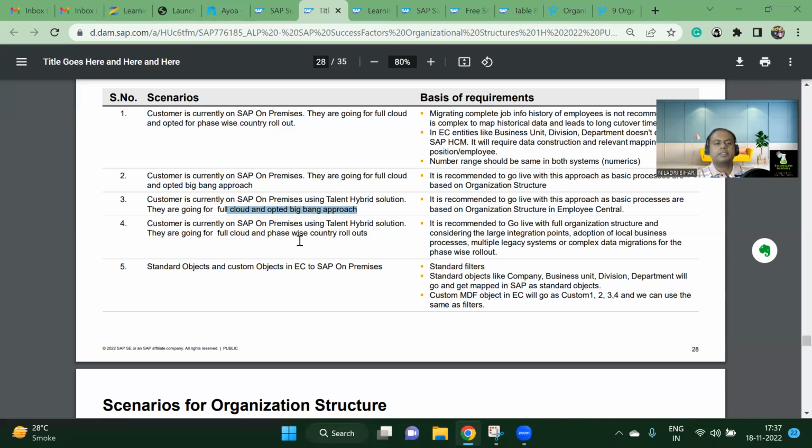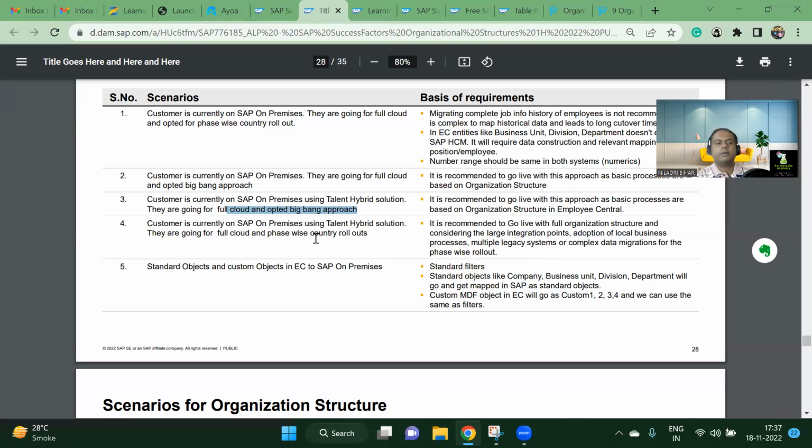Now, the next one: the customer is on-premise using talent hybrid, but they are going full cloud with a phase-wise country rollout. In this case, SAP is saying that it is okay, you can go live for this, considering the different integration points and adoption.